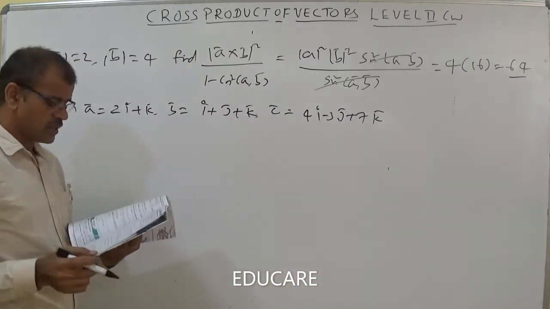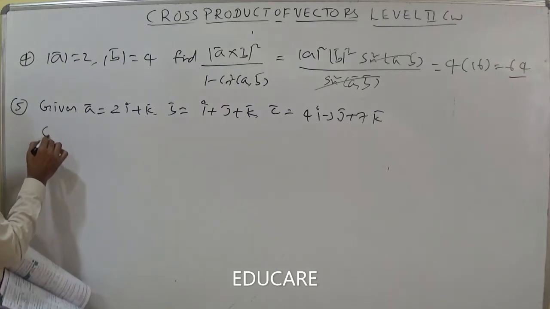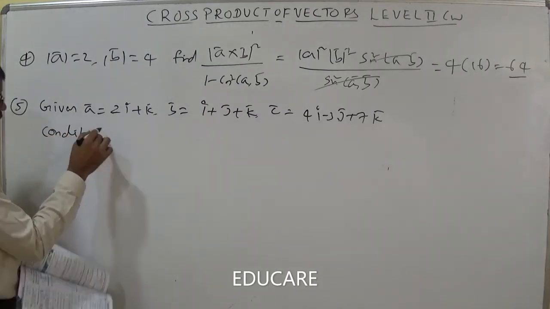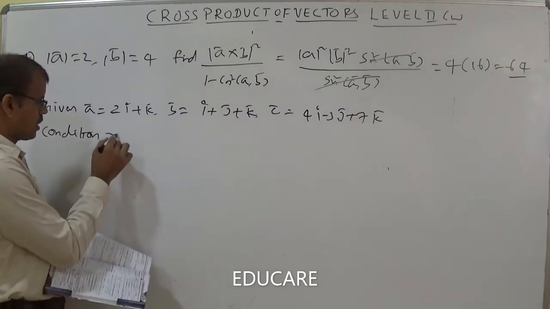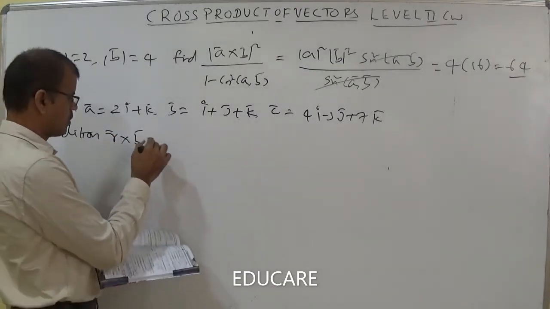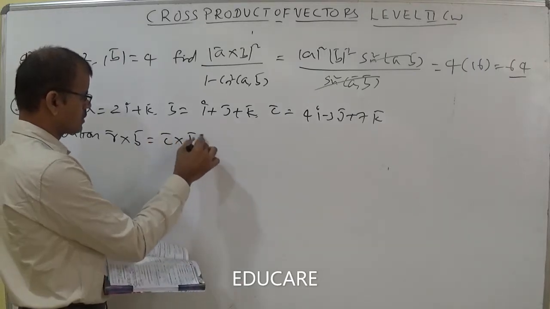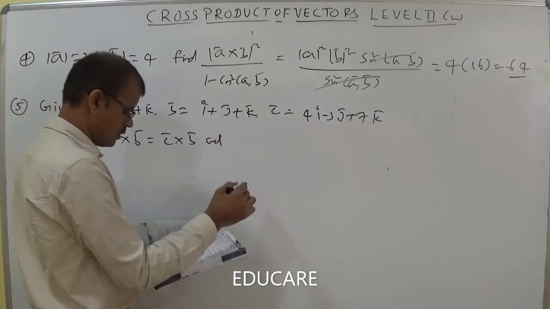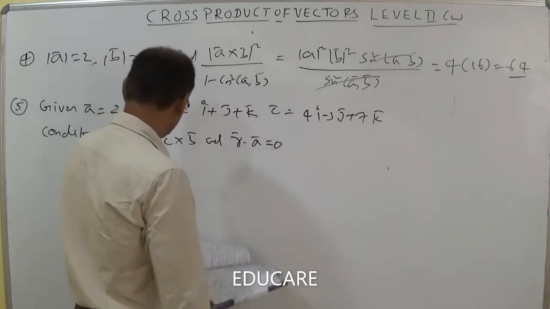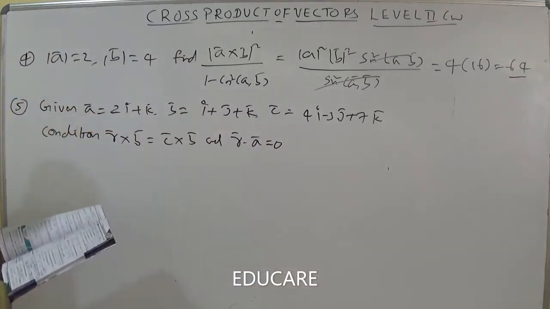Let a, b, c be three vectors, and the vector r satisfies the given condition: r bar cross b bar is equal to c bar cross b bar and r bar dot a bar is equal to 0. This is the condition.